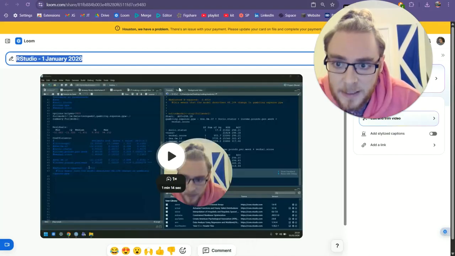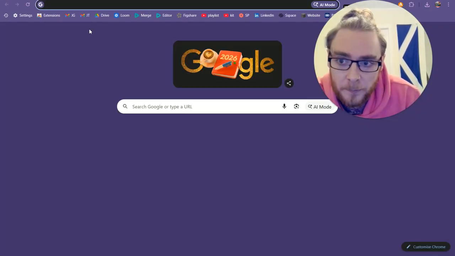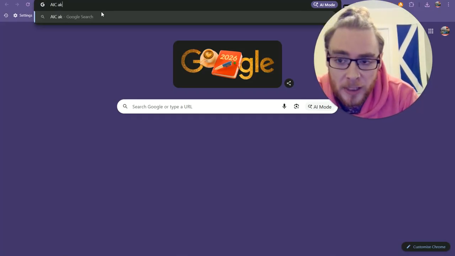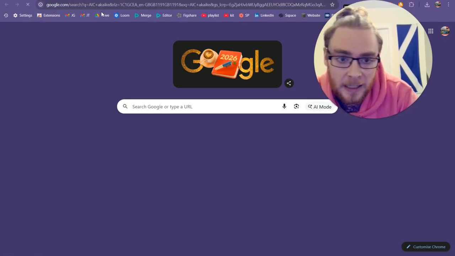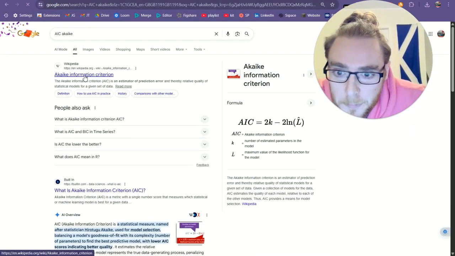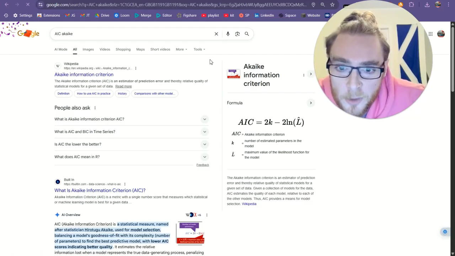And AIC is, let's see, it's got a strange name. It's something like an Akaike information criterion. It is an estimator of prediction error and thereby relative quality of statistical models for a given set of data.